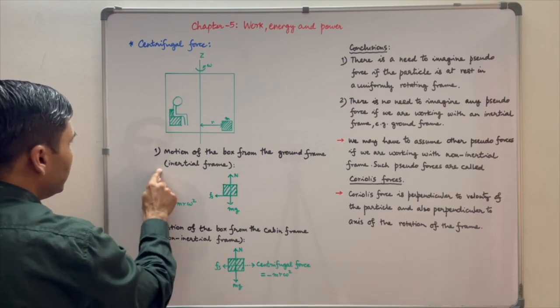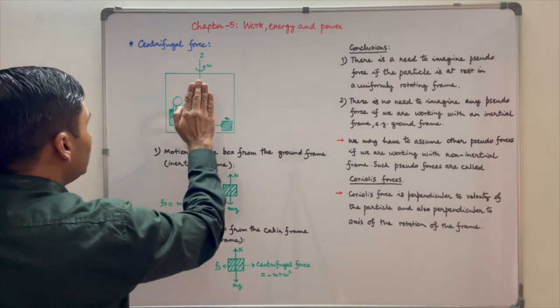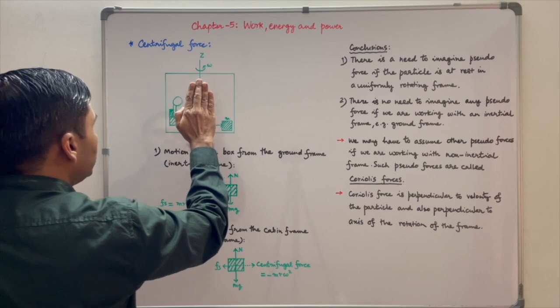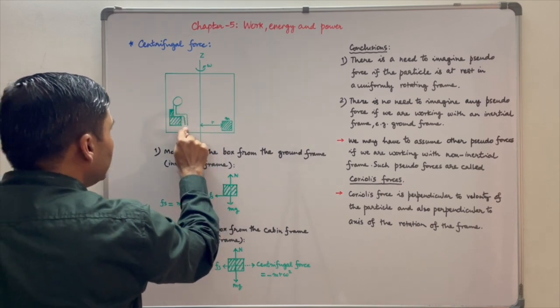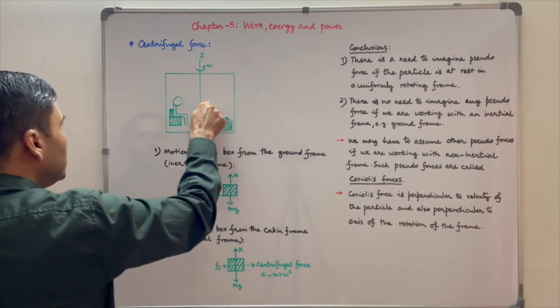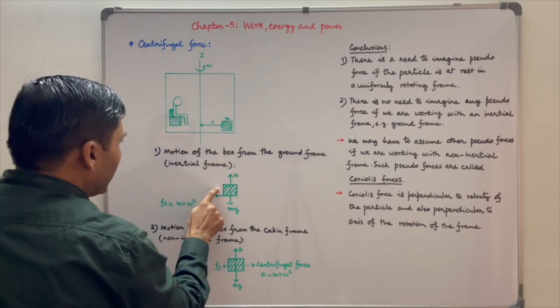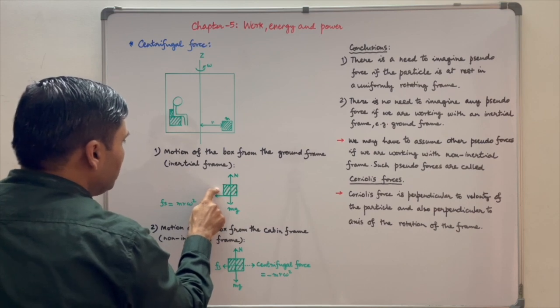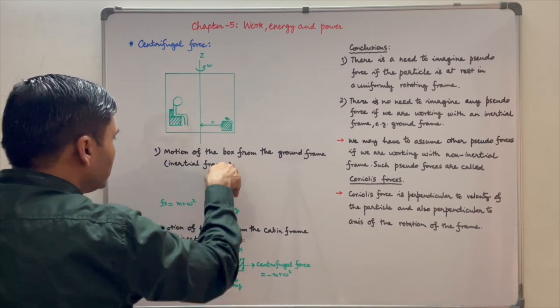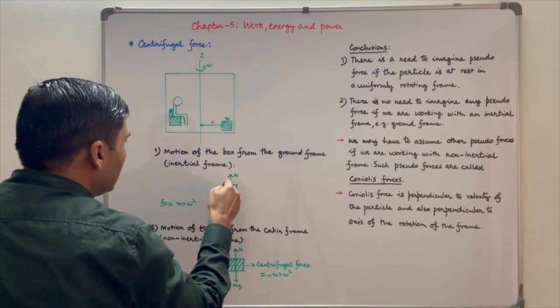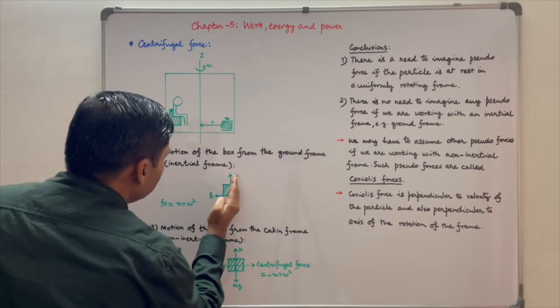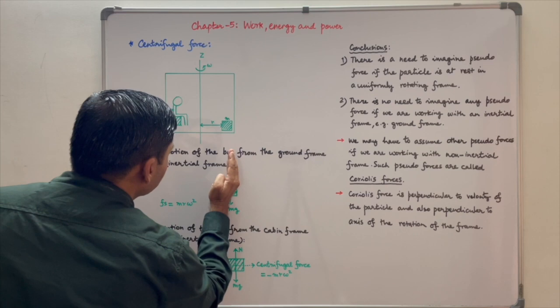First, in the inertial reference frame. A person who is standing outside of the cabin will see both the man and the box rotating with constant angular velocity omega. Forces acting on the box in this case will be its weight that works vertically downwards, and the normal reaction by the floor which works vertically upwards.